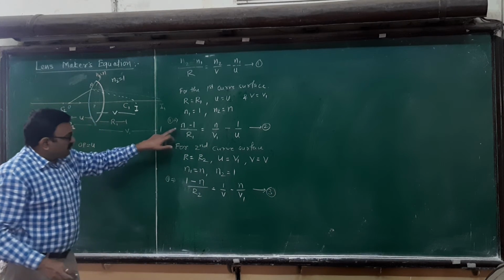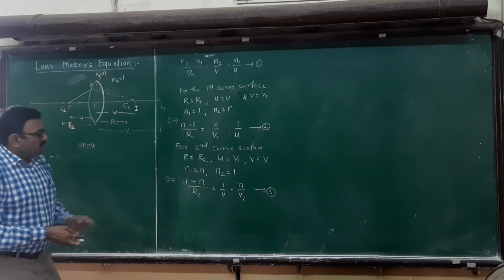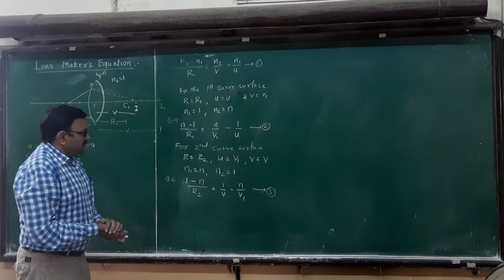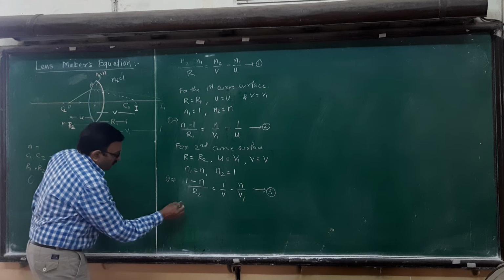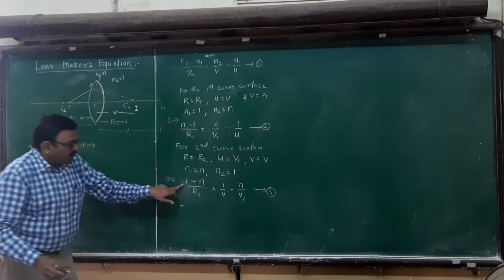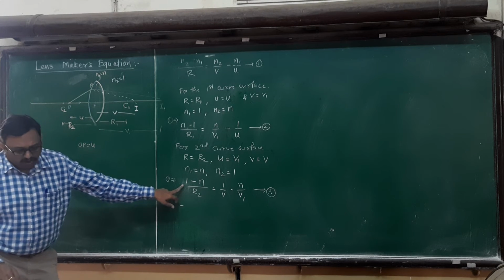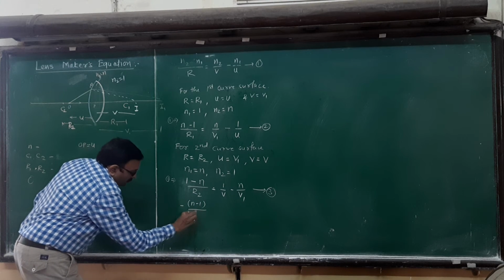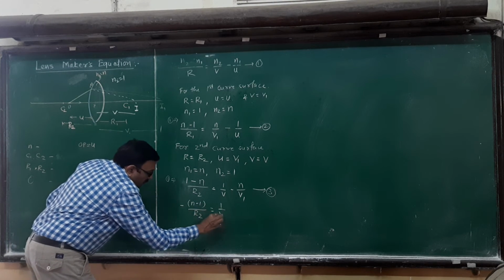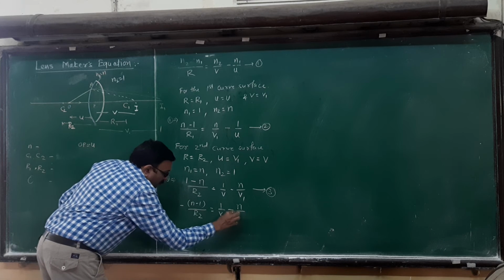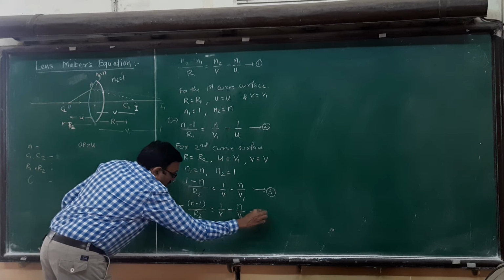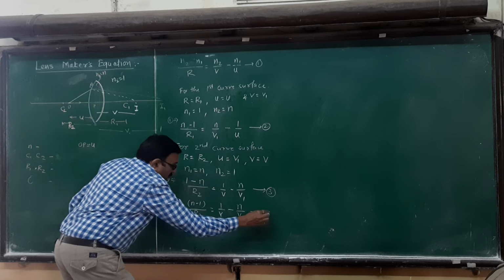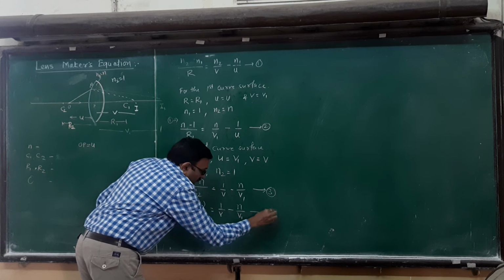Now from equations 2 and 3, we rearrange equation 3. Making the minus sign common, we write (N minus 1) upon R2 is equal to 1 upon V minus N upon V1. Call this equation number 4.